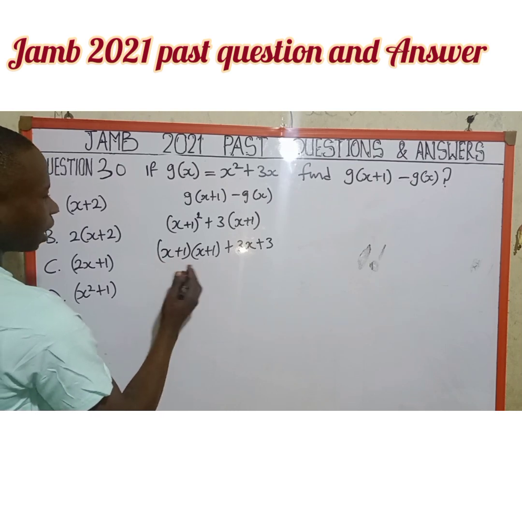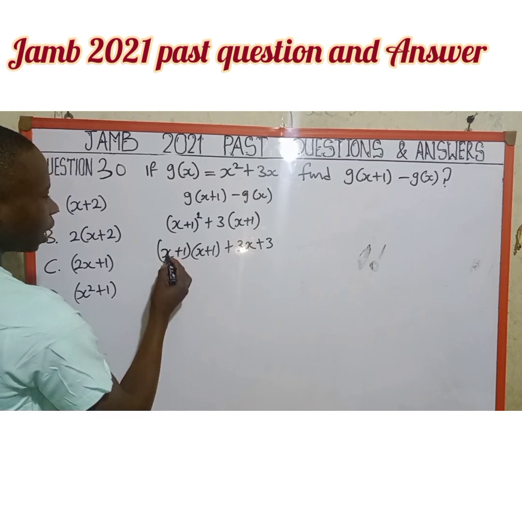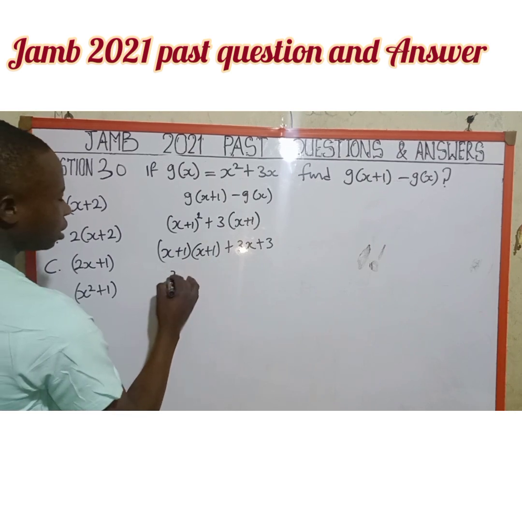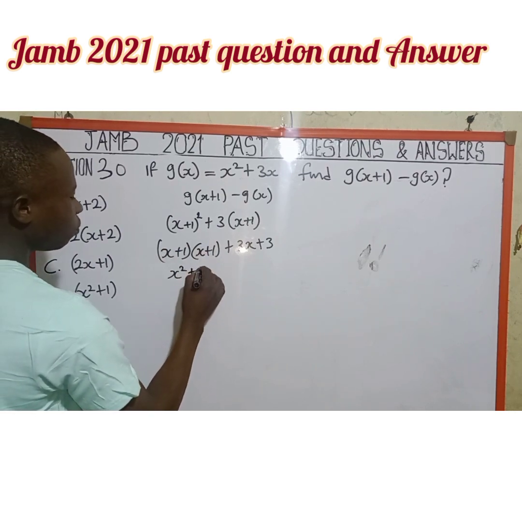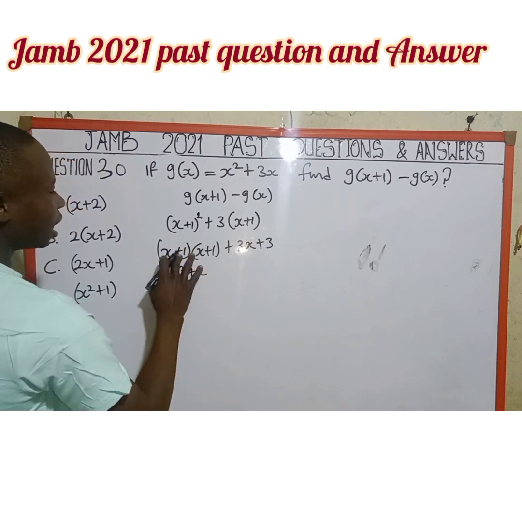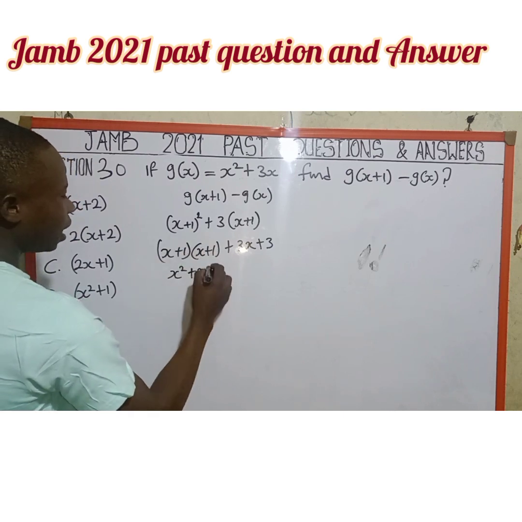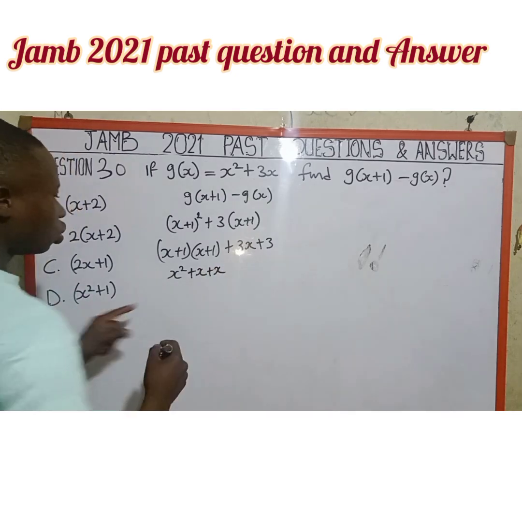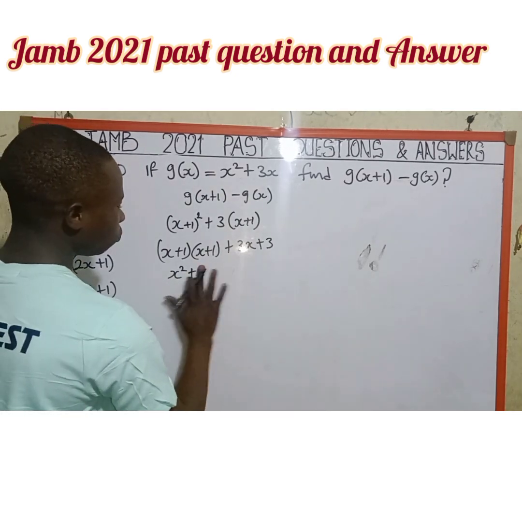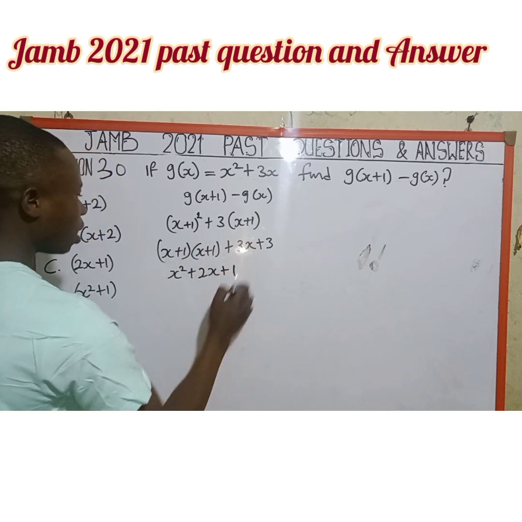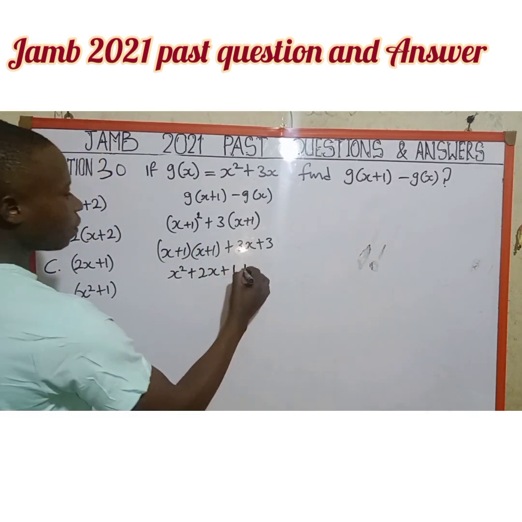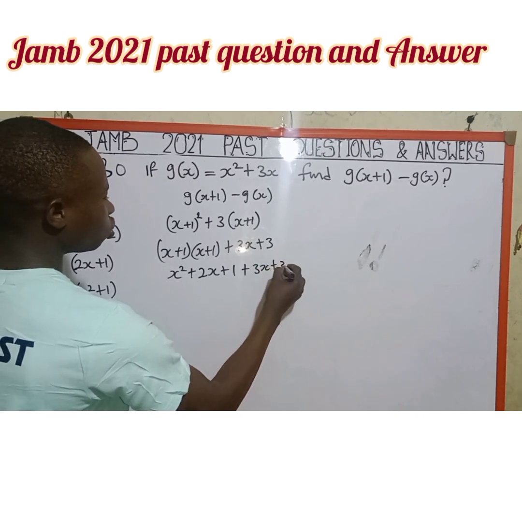Let us expand this bracket: s multiplied by s is s squared, then s multiplied by 1 gives positive s, then 1 multiplied by s is also s. If you add these two s, it gives 2s. Then plus 1 multiplied by 1 gives 1. Then you have plus 3s plus 3.